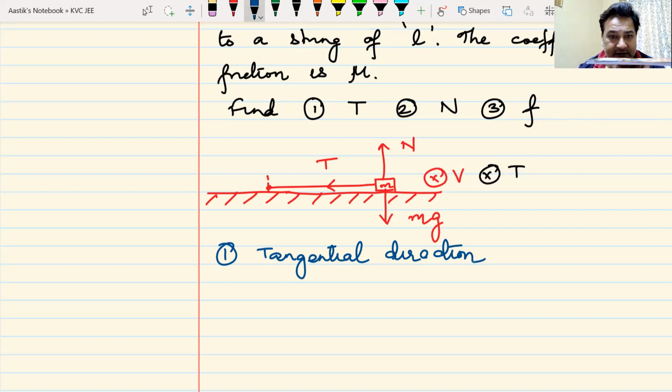It is moving on this horizontal table, so there will be a friction force acting in the tangential direction. If it is moving inwards, frictional force will be outwards. If it is moving outwards, frictional force will be inwards. Frictional force is always opposite, so howsoever it is moving on this plane, the frictional force will be opposite to the motion. Yes or no? Do we understand this?